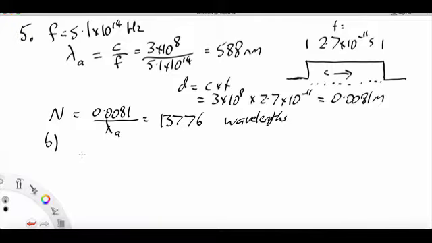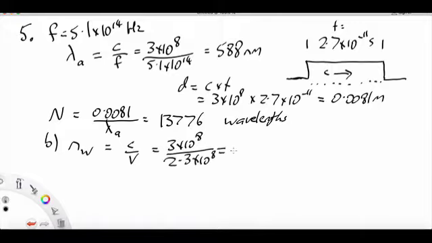Now part B, the refractive index, simply defined as the speed of light in a vacuum over the speed in the water. 3 by 10 to the 8 over 2.3 by 10 to the 8 gives us 1.304.